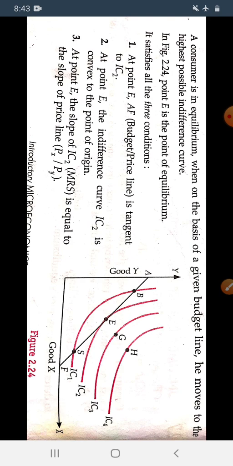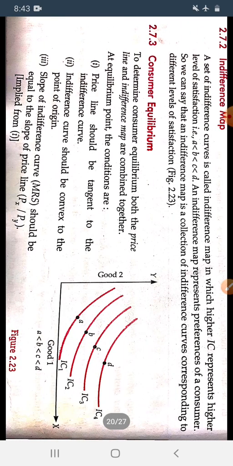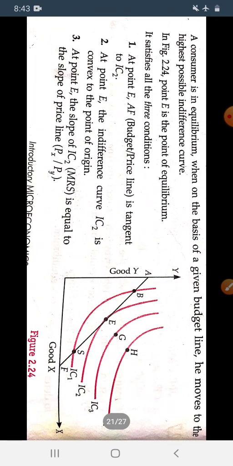We have taken three conditions: the budget line should be tangent to the indifference curve, the indifference curve should be convex to the origin, and the slope of the indifference curve, that is MRS, should be equal to the slope of the price line, that is Px upon Py.